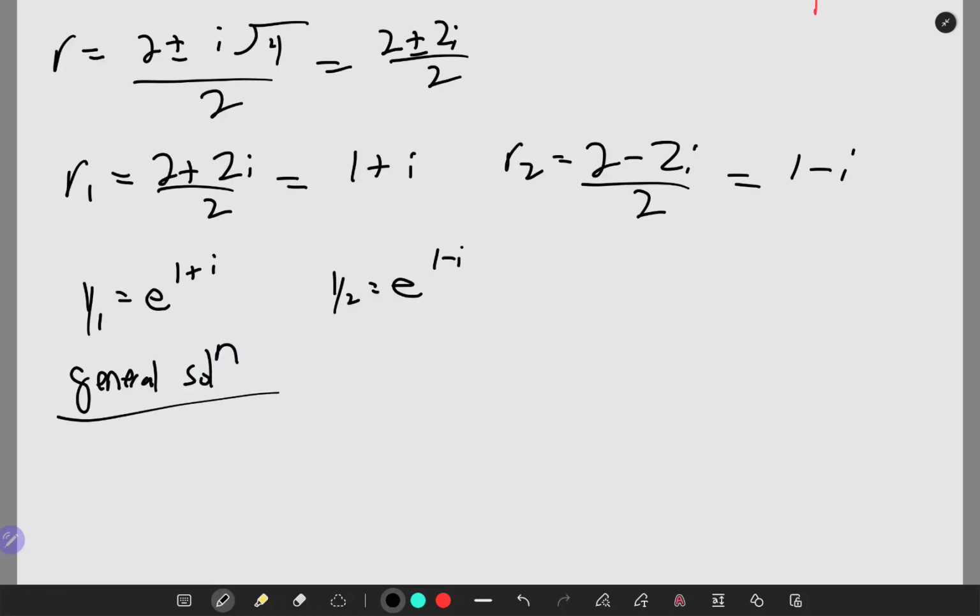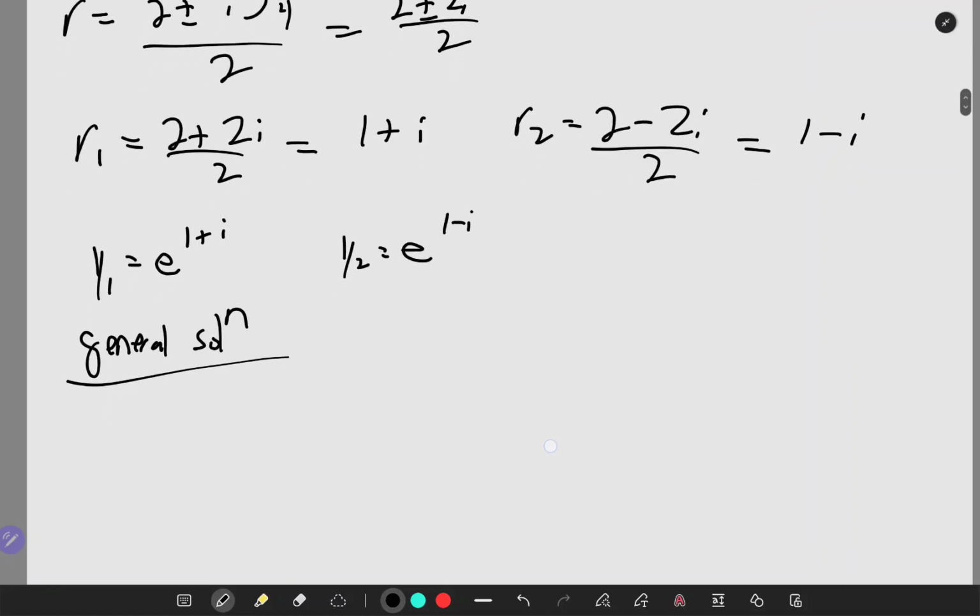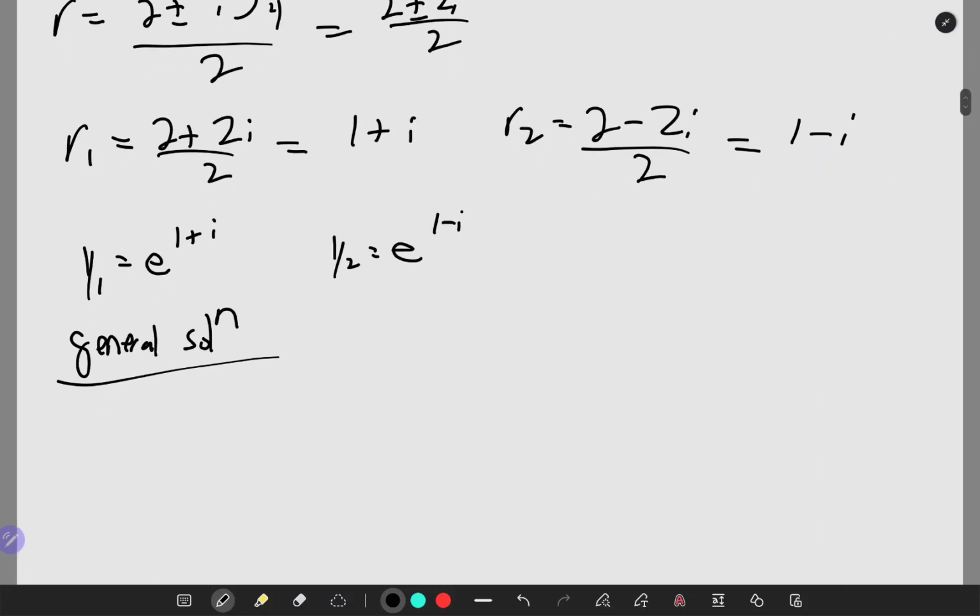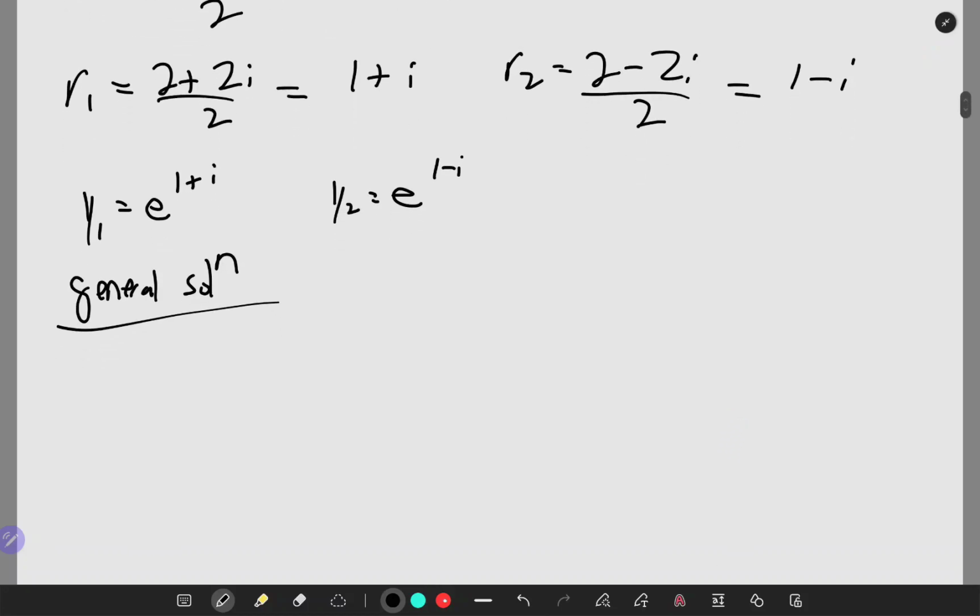So whenever we write our general solution when we have a complex, it's going to look like this. We're always going to propose an e to the t, okay? So it's going to focus on this first real number here.